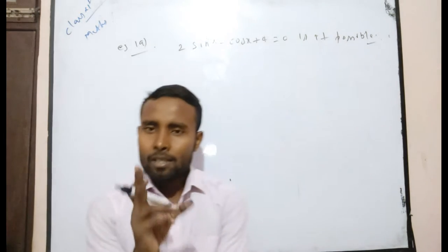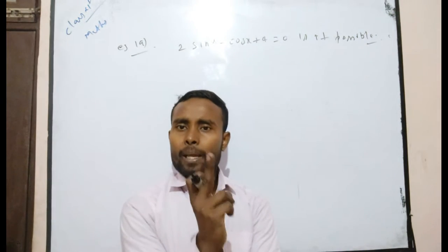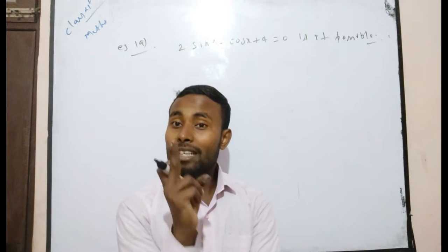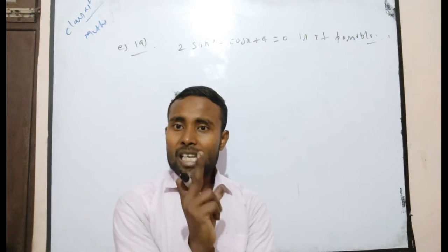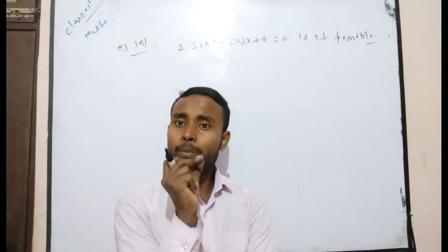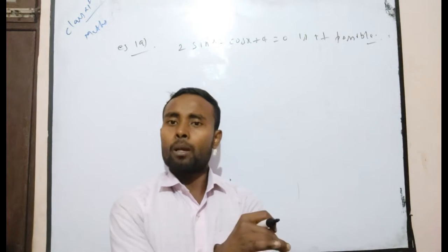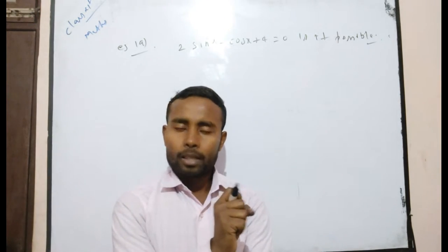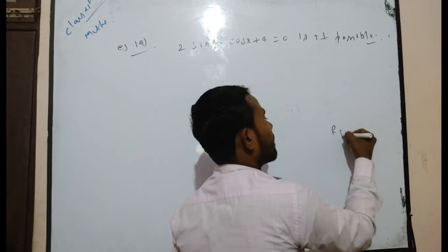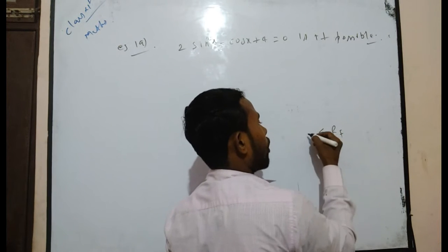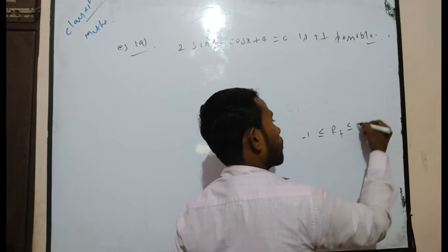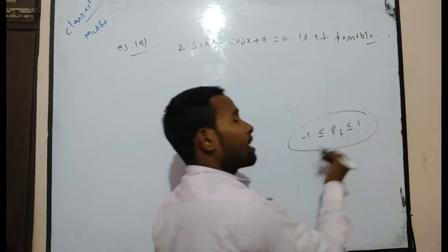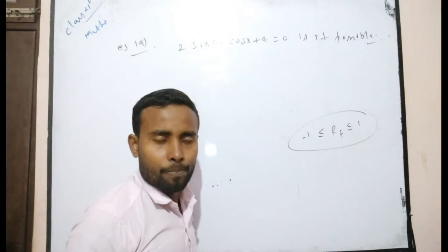Its domain will be all real numbers, but its range will be restricted. That means it lies between -1 and 1. It may be -1 or 1, but always lies between -1 and 1. That is the range of the sin and cos functions.